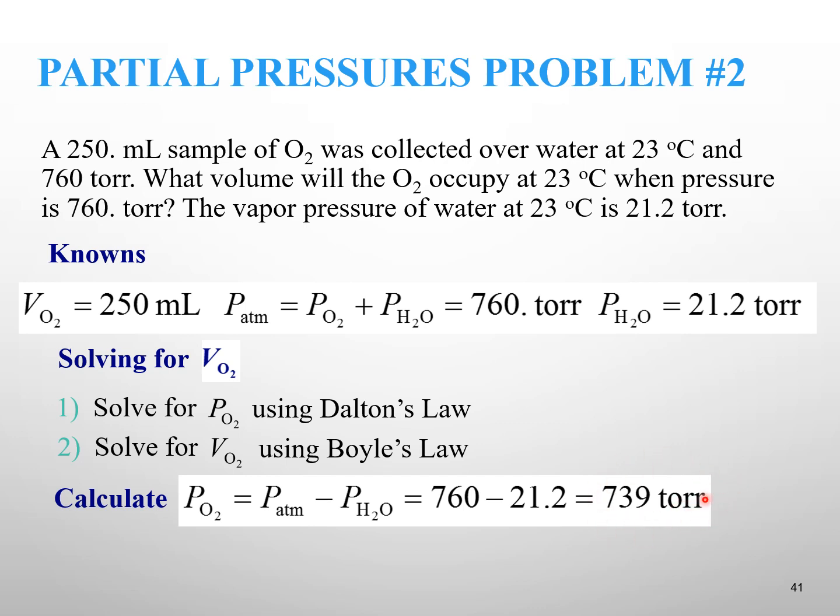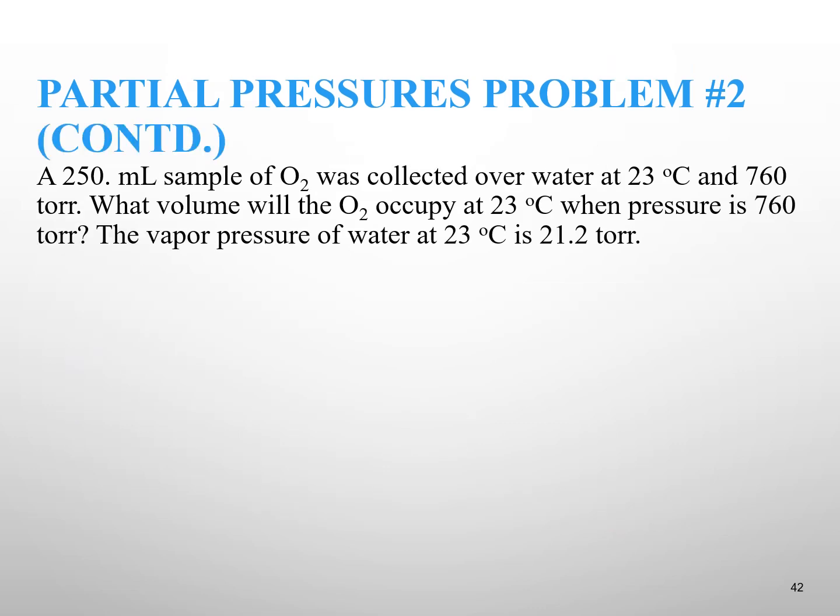You also know the volume of the gas. So PV, and then we want to go ahead and calculate using the volume here. We have pressure and volume, right? And we have the new pressure, 739 torr here. Previously we solved for 739, so let's go ahead and write that down.